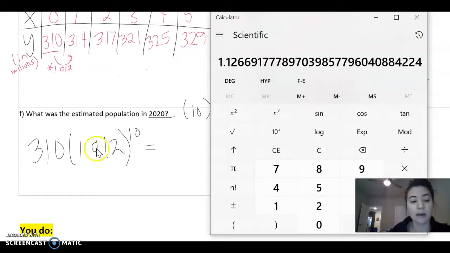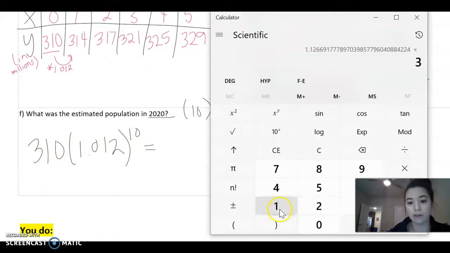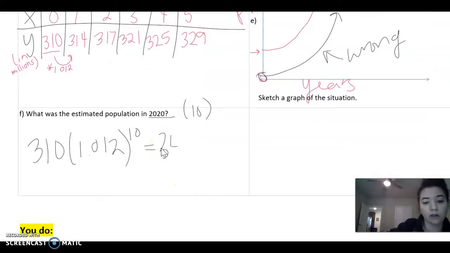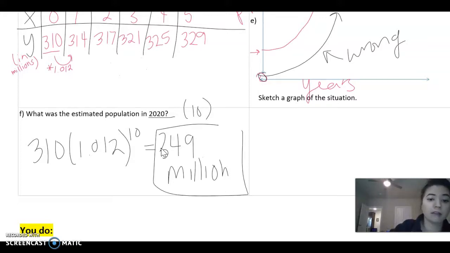And now we're going to take that number and multiply it by that 310 out front. So now we're at 349. And again, that's in millions. So after 10 years, we're going to jump from 310 million people to 349 million people.